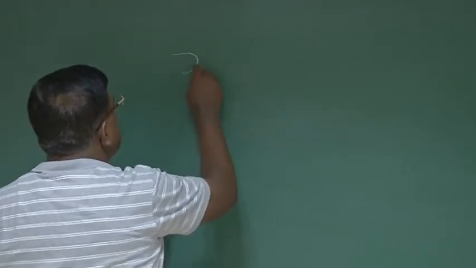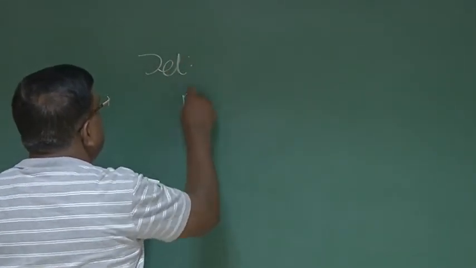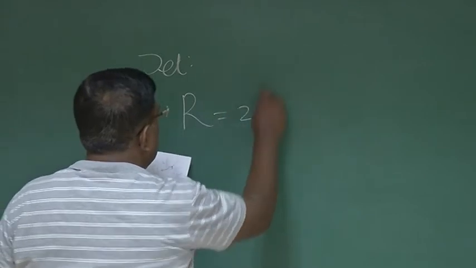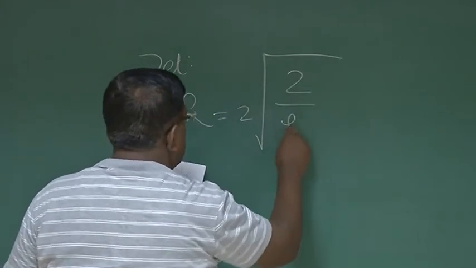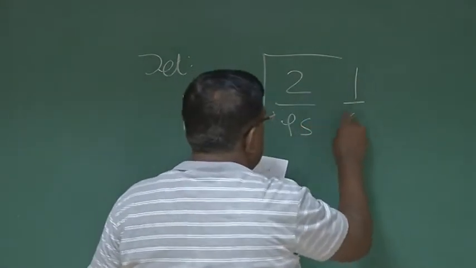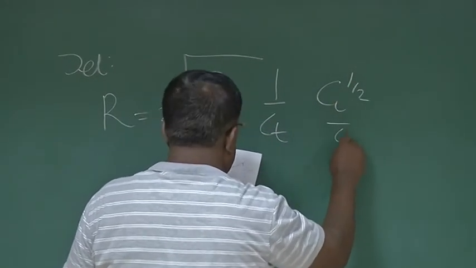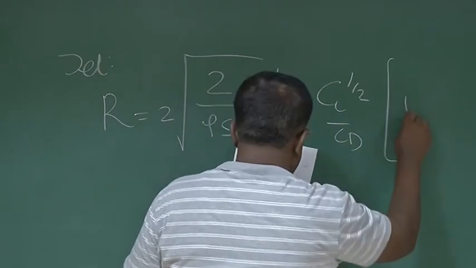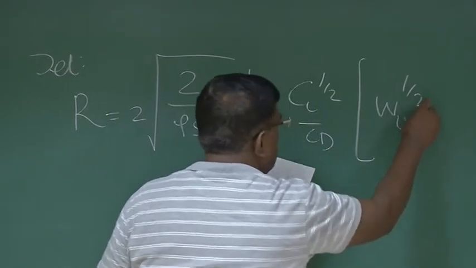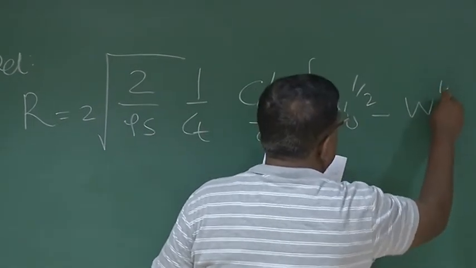Now, the natural second question will come: what happens to the jet engine aircraft? Air range, if you see, is 2 under root 2 by rho S, 1 by CT, CL half by CD, W naught half minus W1 half.